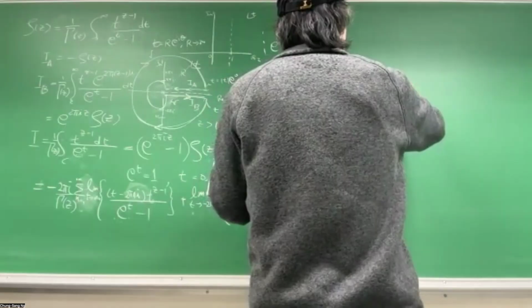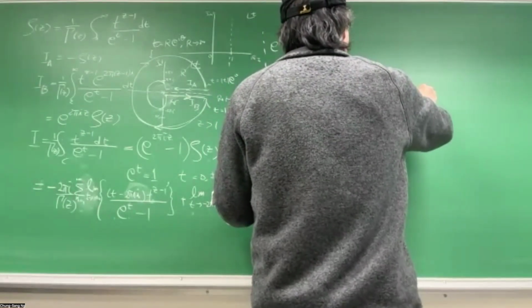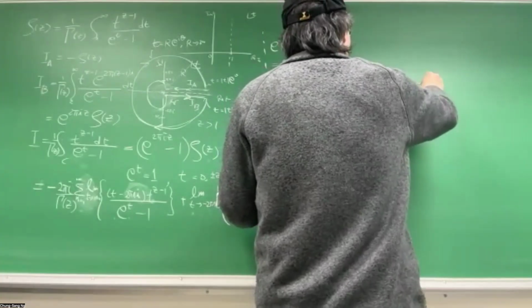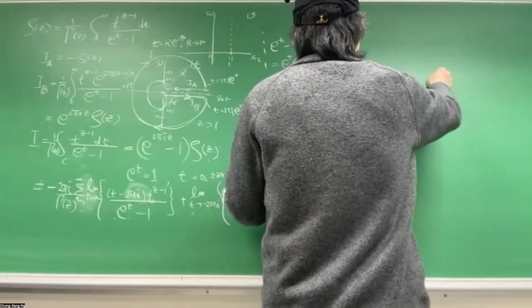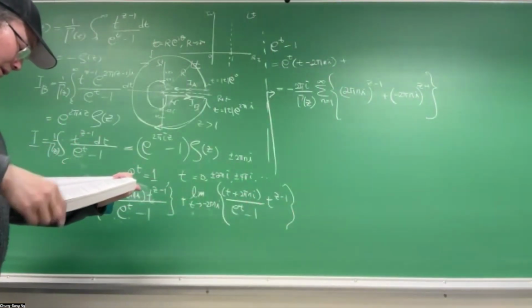Minus 2 pi i, 2 pi n i to the z minus 1. Okay.